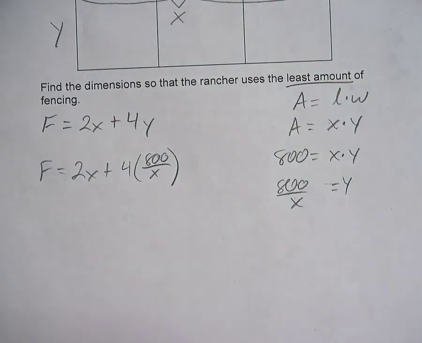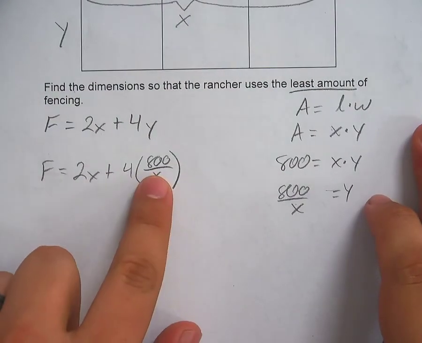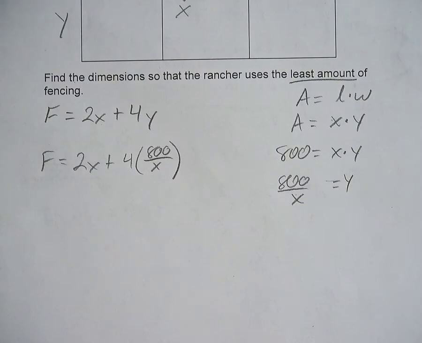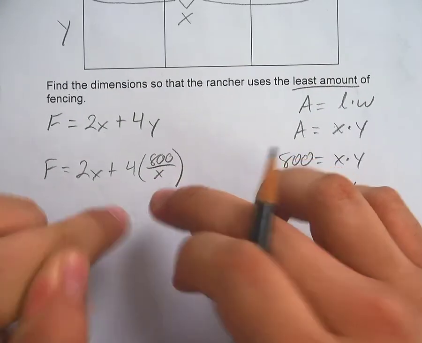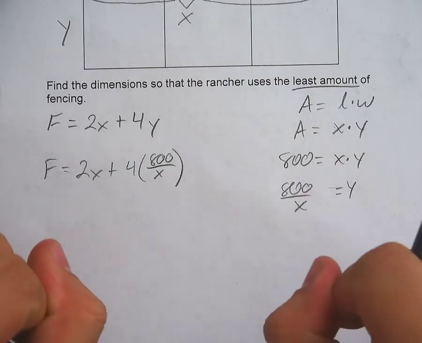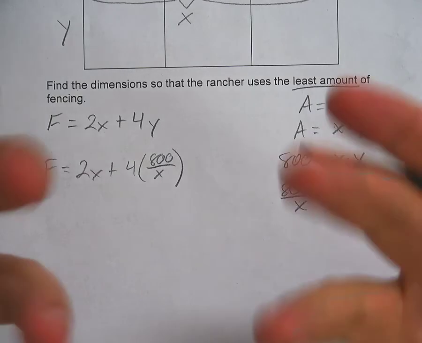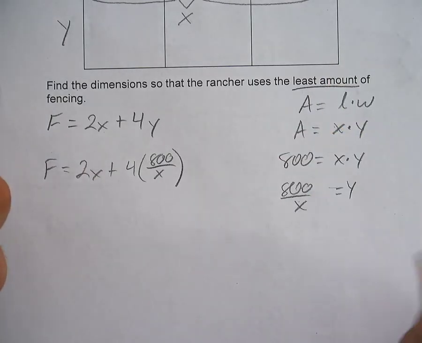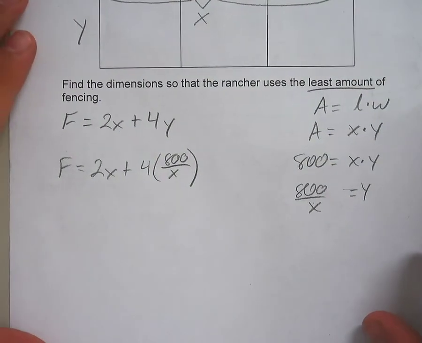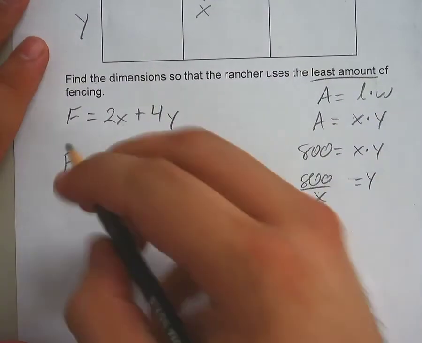So all I'm doing here is getting my fencing in terms of x. I want one variable to deal with. That way I don't have to deal with all of it. Now I want to optimize this, so I want to find my extreme value.